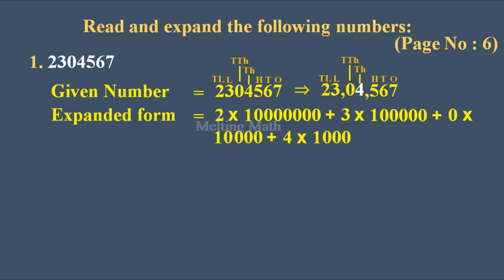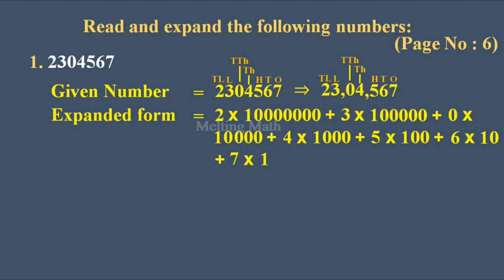Next plus, next digit is 5, that comes under the hundreds place, so write 5, then multiply with 100. Next digit is 6, that is in the tens place, so multiply with 10. Next plus, last digit is 7, that is in the ones place, so multiply with 1 here. That's it. This is the expanded form of each digit based on the places of the digit.